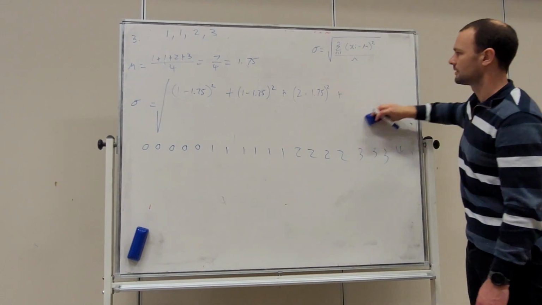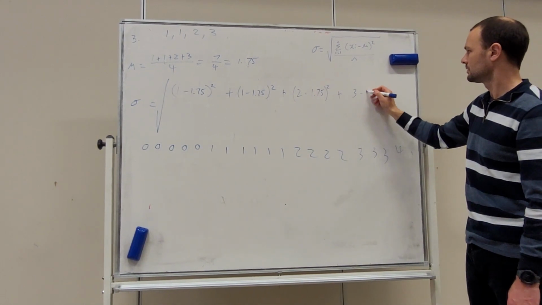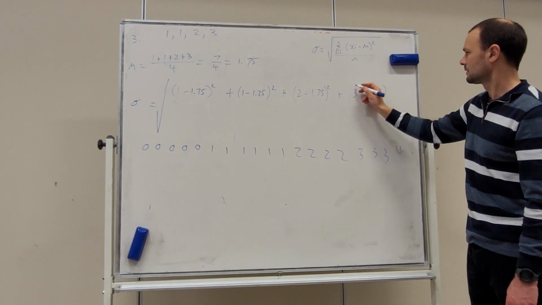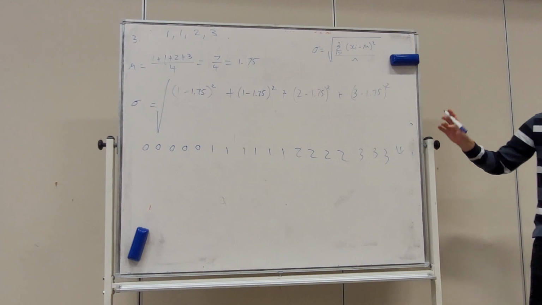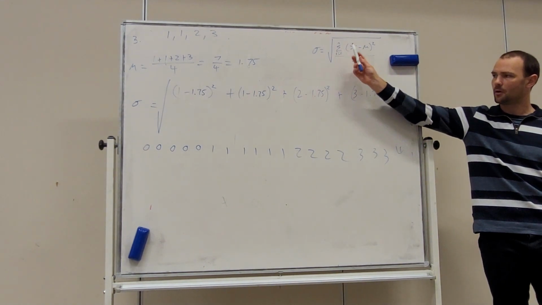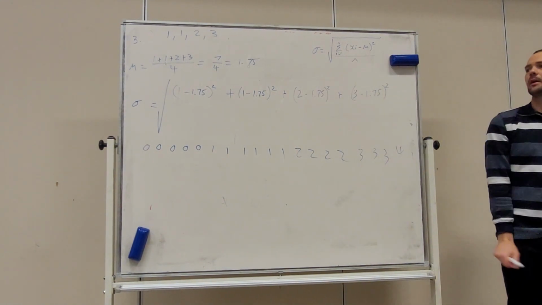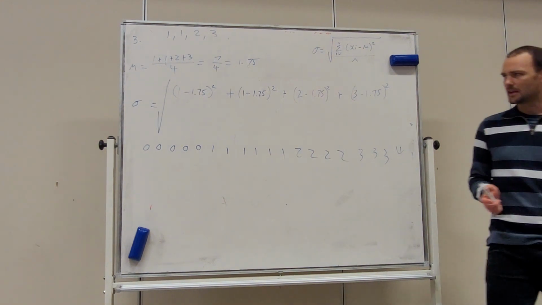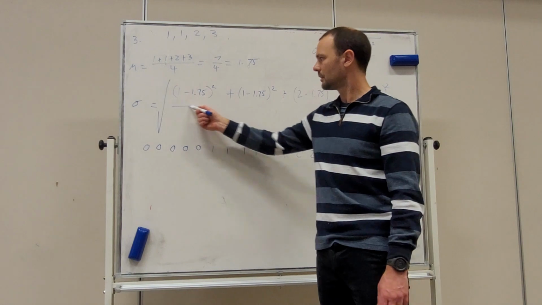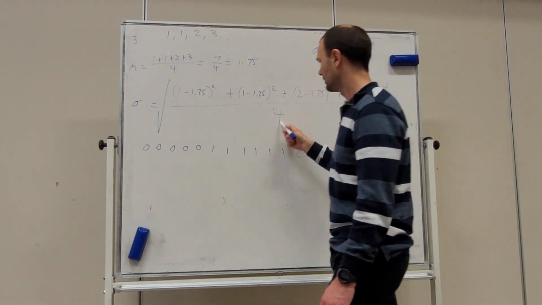And then plus the fourth value, take the mean squared. Okay, so all I've done there is this top part. The sum of each value, take the mean squared. I've written it out. We're going to add all that together and divide by how many there are? 4.